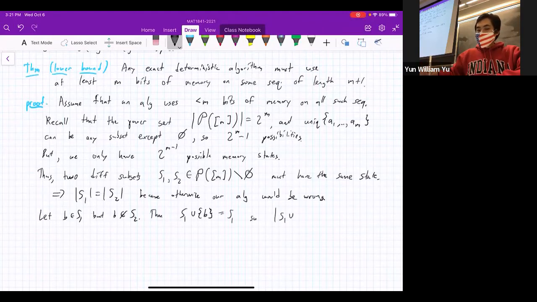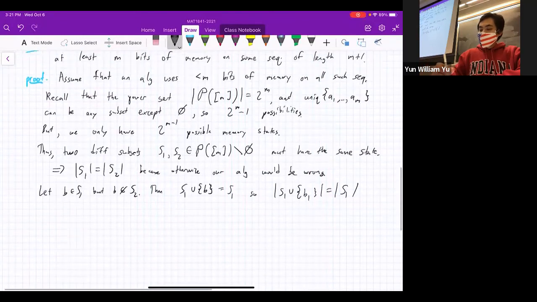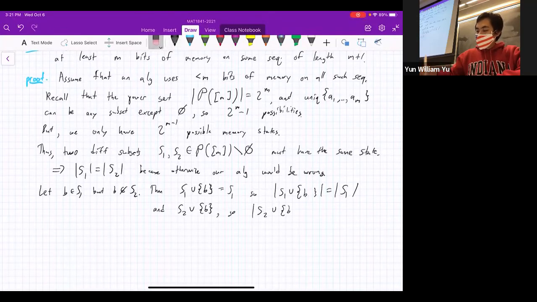So the cardinality of S1 union B is, of course, just the cardinality of S1. And we know that S2 union B, well, that's going to be bigger. S2 union B is going to have size S2 plus 1.